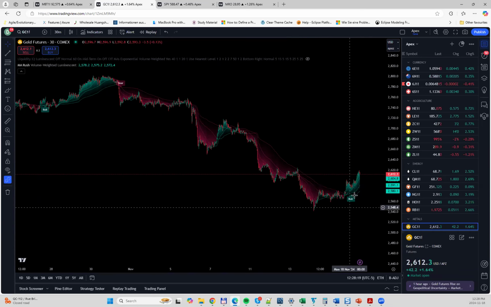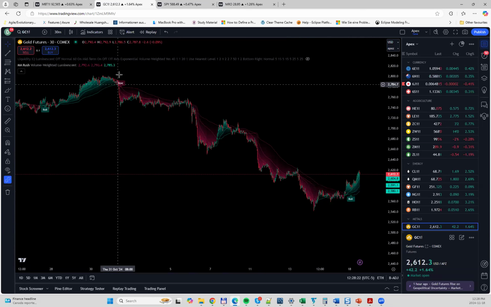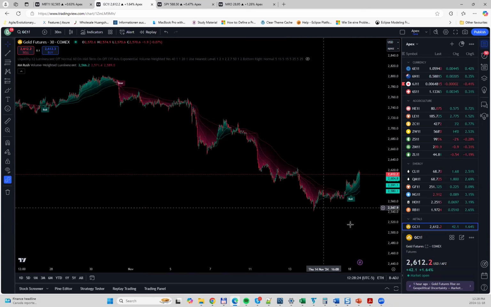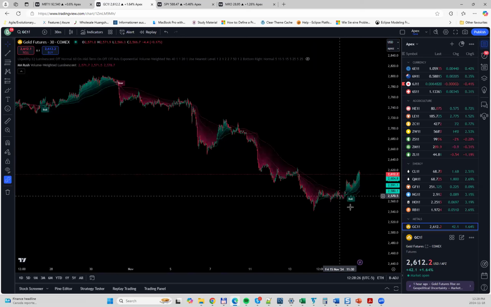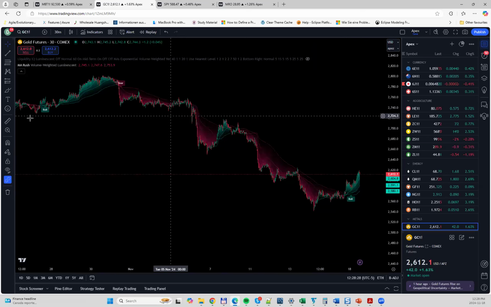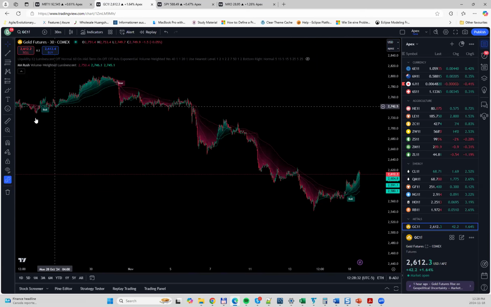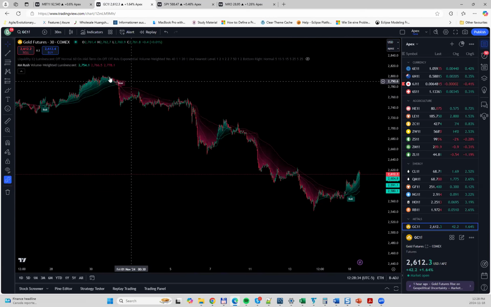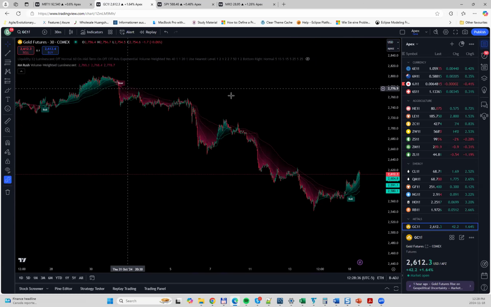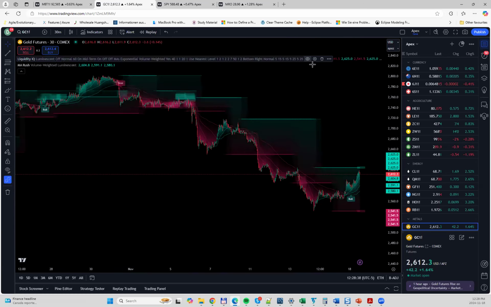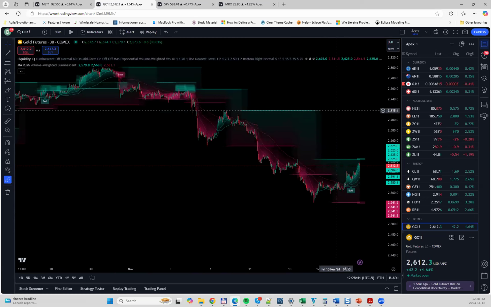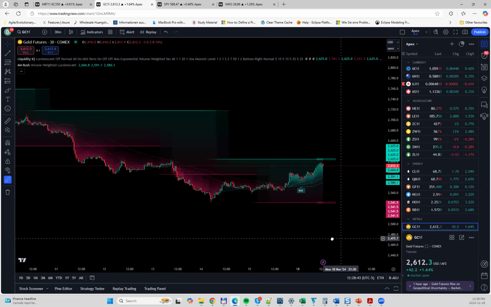Oftentimes these sentiment readings can be quite telling, because the indicator is very conservative in finding these sentiments. And this can be used as an additional confirmation to whatever setup you may have in mind.